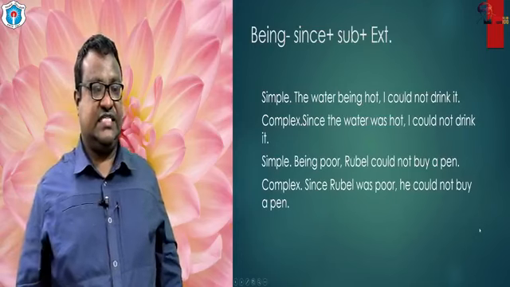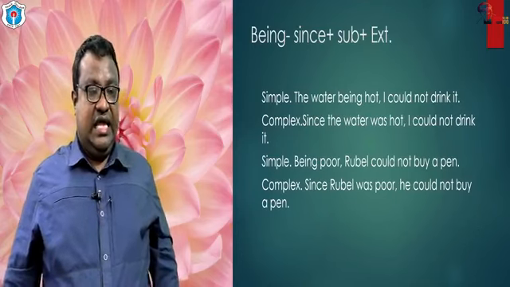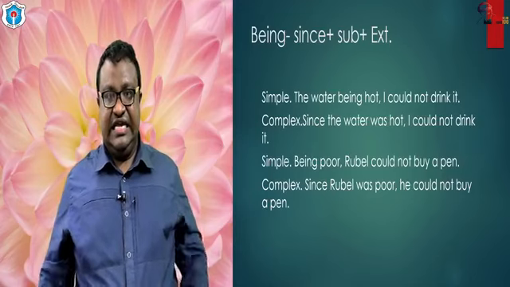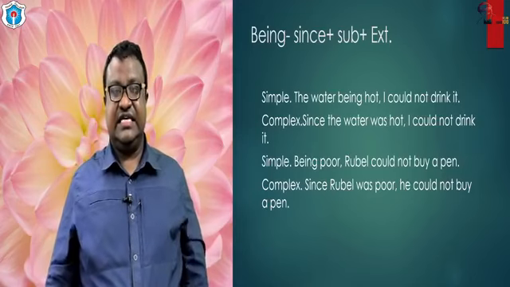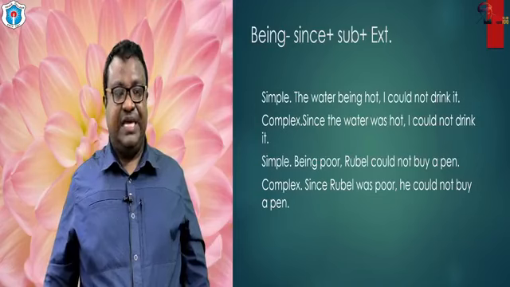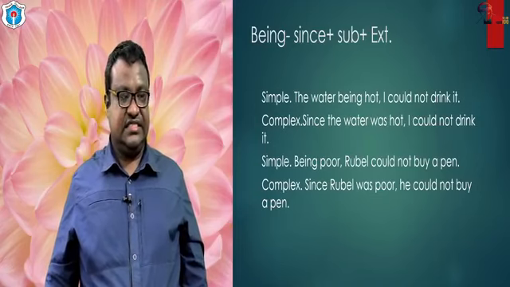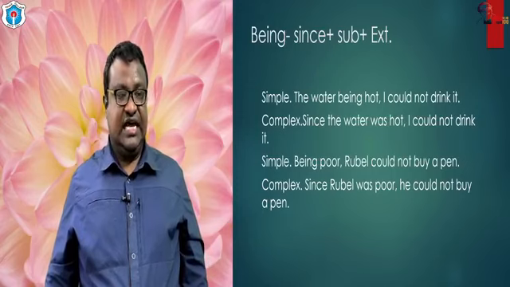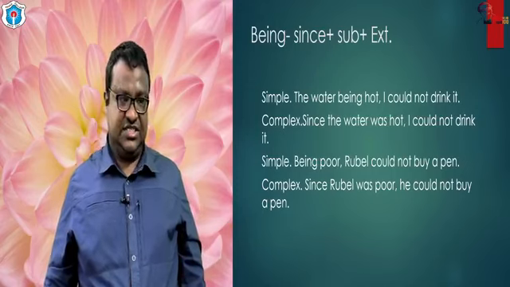The next structure is, if any sentence contains the auxiliary verb being in a simple sentence, then in the complex sentence we will use since plus subject plus extension.